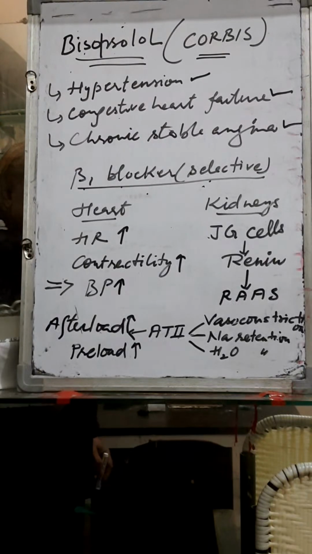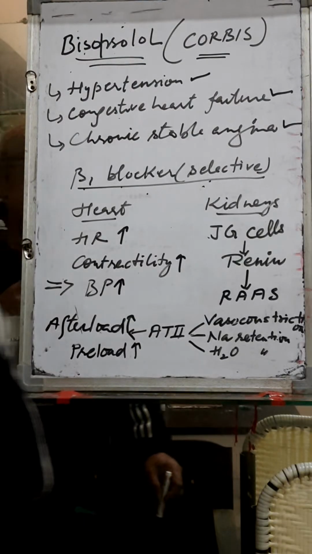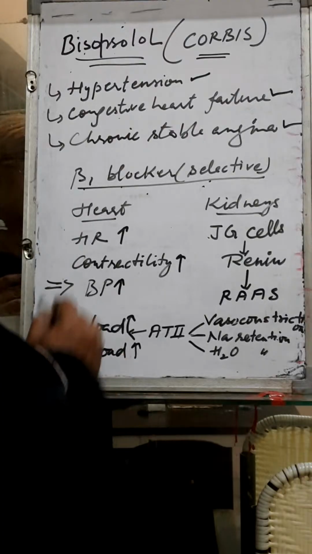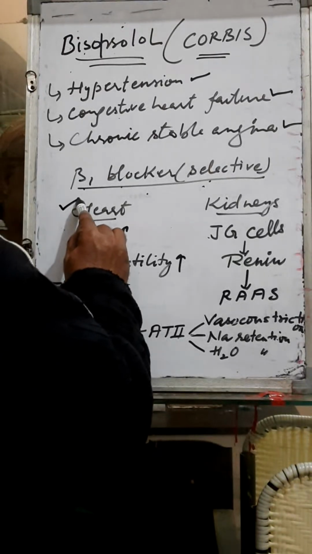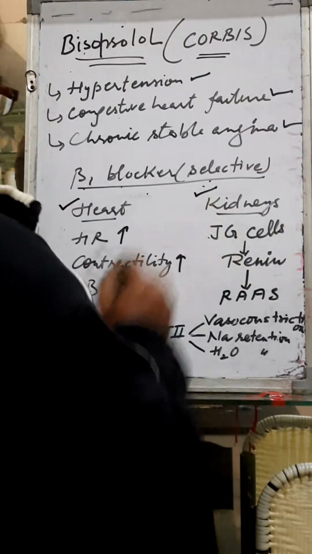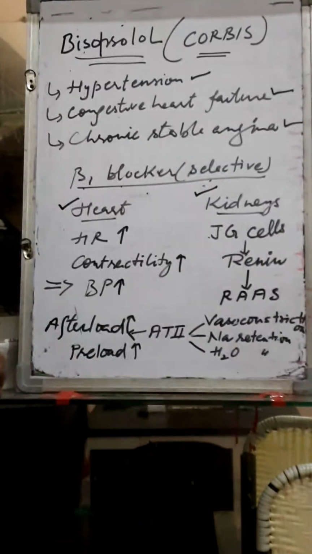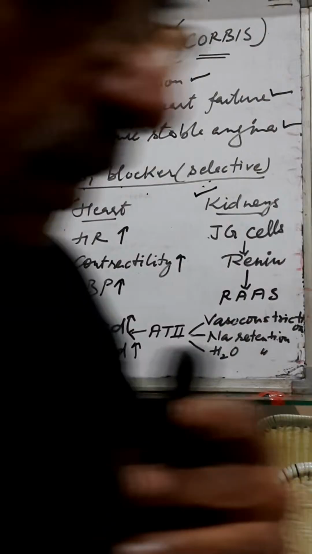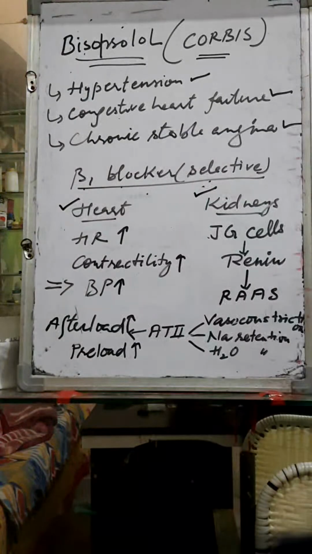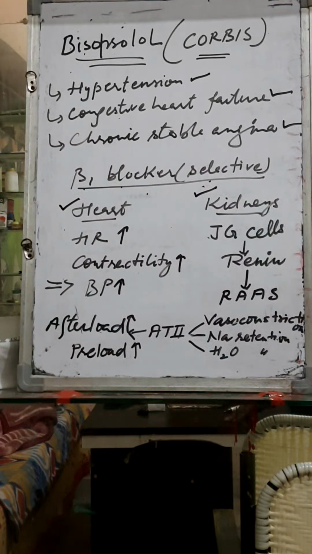Before we understand the mode of action of bisoprolol, let us see where these beta 1 receptors are present. These adrenergic receptors are present in the heart as well as kidneys.